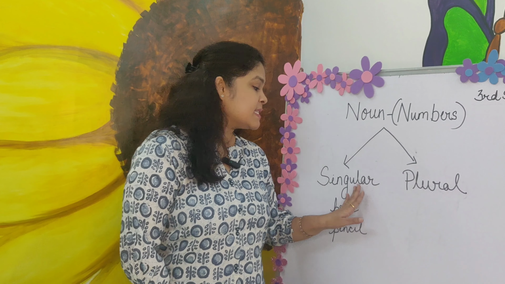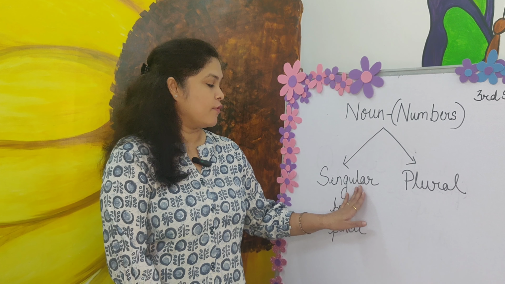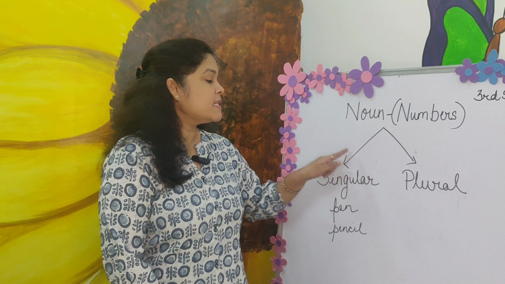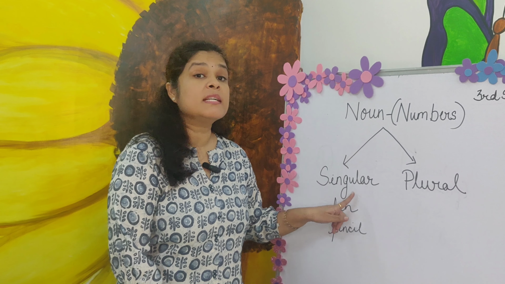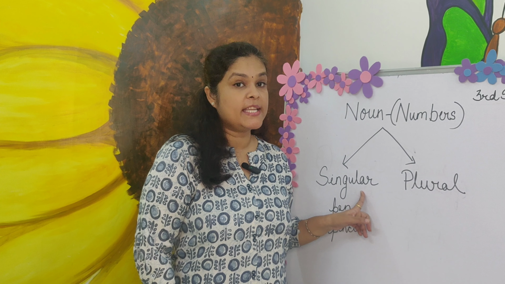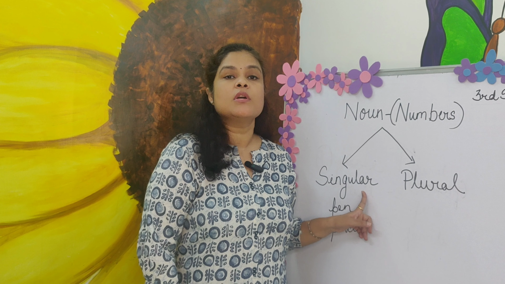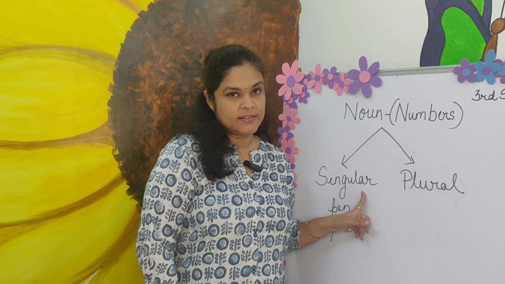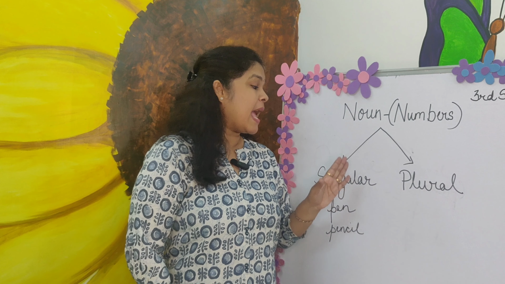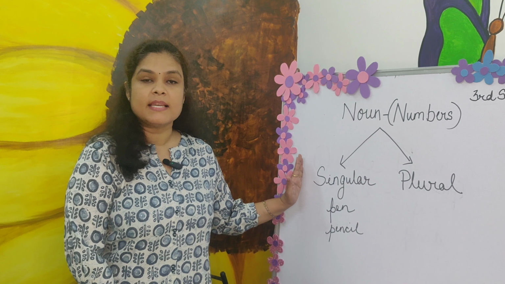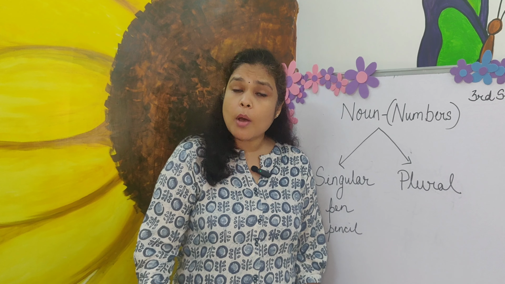Now what is this singular form? Singular form of noun. Remember, singular form of noun is not a type of noun. Kindly do not get confused. We have read about proper noun, common noun and collective noun as of now. So noun in the form of number basically will represent the common noun.